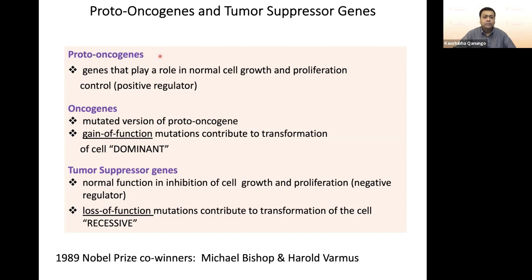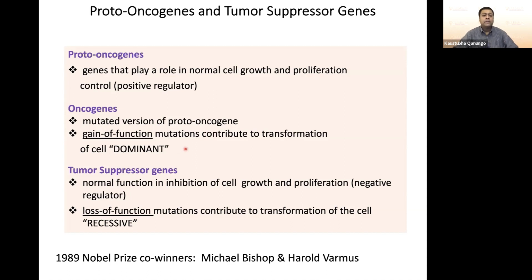It means these proto-oncogenes are mutated, and they become oncogenes. So they gain a function, and this gain-of-function mutation contributes to transformation of the cell. That's basically what it is. And these are dominant oncogenes. So when your proto-oncogenes form oncogenes, they become dominant.